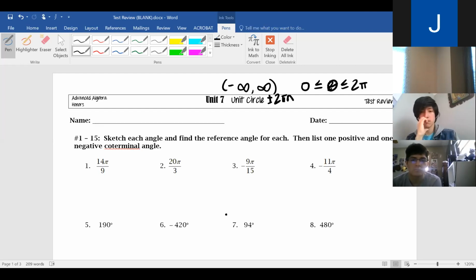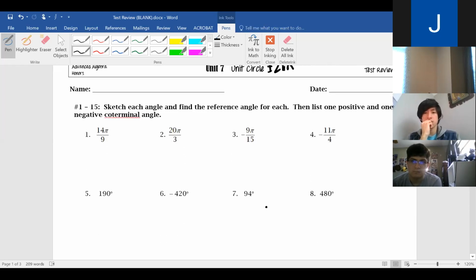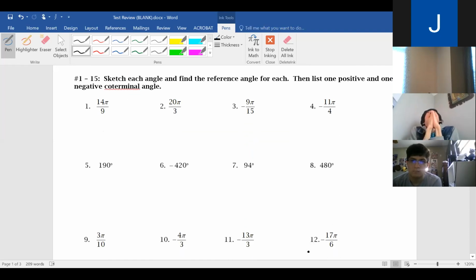It is plenty of time, 15 minutes more than you would have if you were taking it in class. There's no graphing or anything like that that you need to do. So you are fine otherwise.